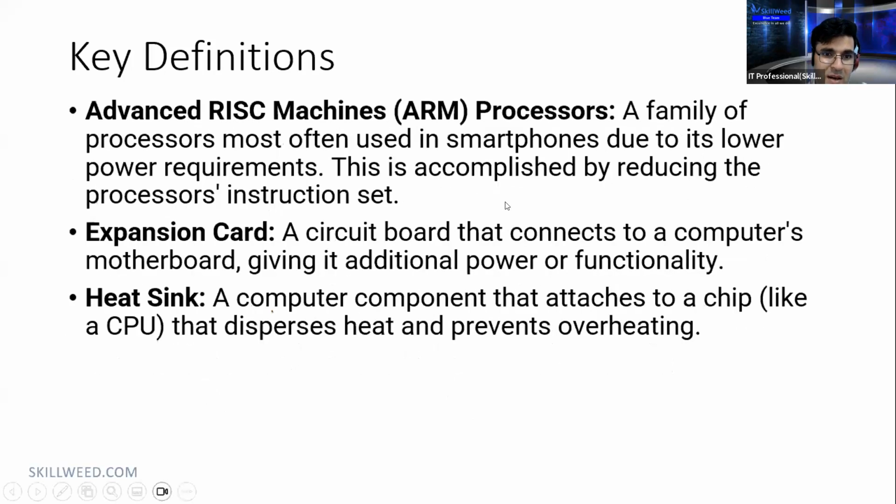We have the Advanced RISC Machines, ARM processors, a family of processors most often used in smartphones due to their lower power requirements. So for smartphones, this is one thing for sure. Being a technical IT person, if someone asks you how your smartphone speed is different from your computer processor speed, you have to tell them they are two different kinds of processors, okay?